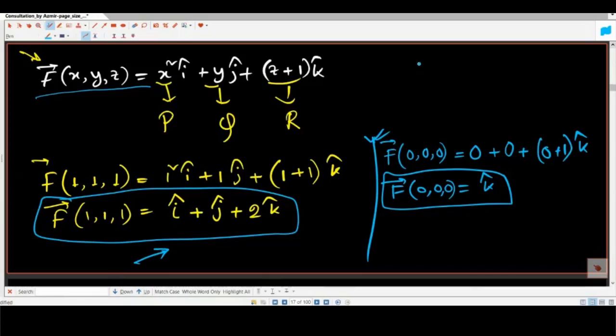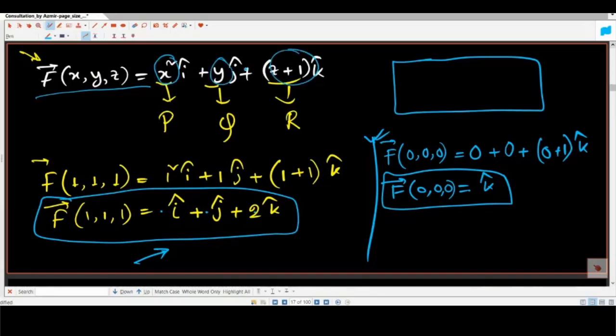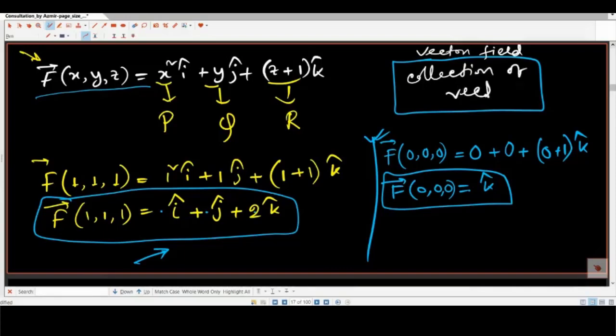So that means a vector field is a collection of vectors where the vectors have constant components, but the vector field is a vector function where the components are functions. So in a word, we can say that vector fields are the collection of vectors.